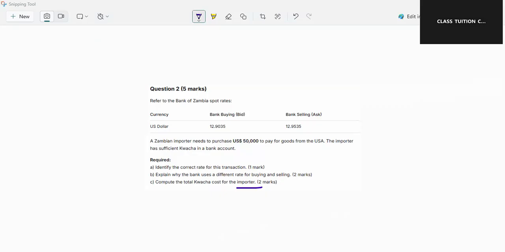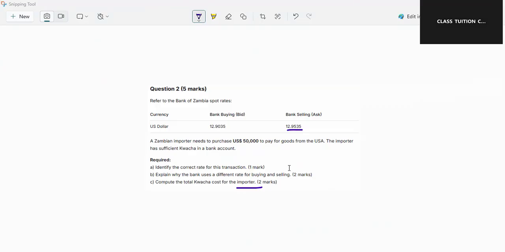When it says buying, it means the bank is buying, and selling means the bank is selling the dollars. Since the importer wants to purchase the dollars, the bank will be selling the dollars. So the correct rate will be the selling rate or asking rate. Exactly, the ask rate of 19.9535.